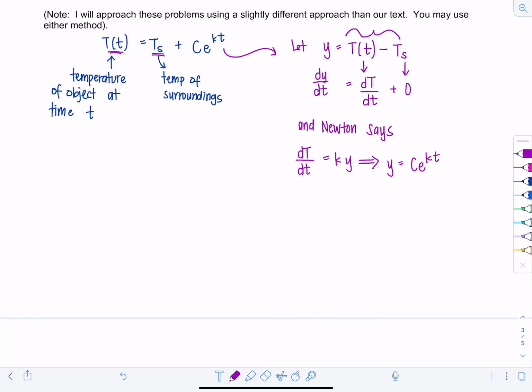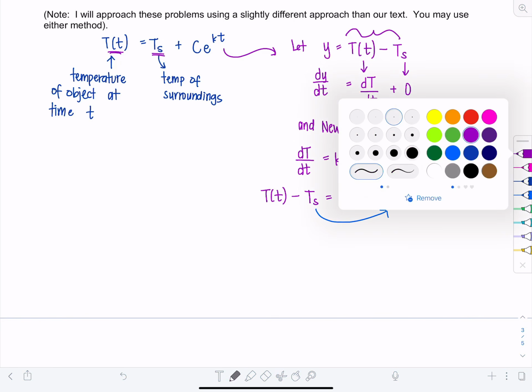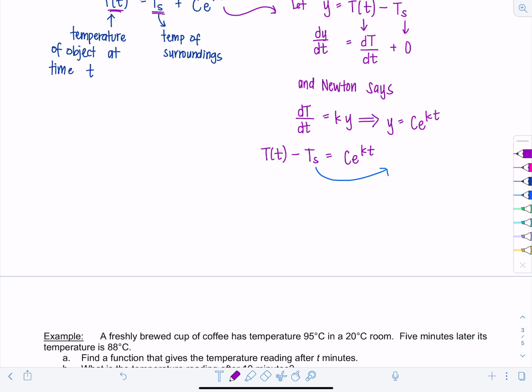So that's why T of t minus T sub s is equal to c times e to the kt. And then we just move this over to the other side and end up with T of t, the temperature at some time t, equals T sub s plus c e to the kt.